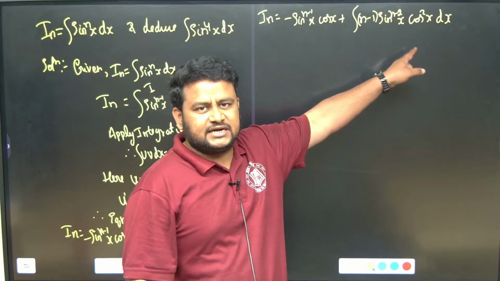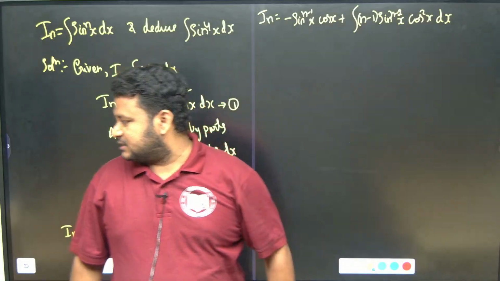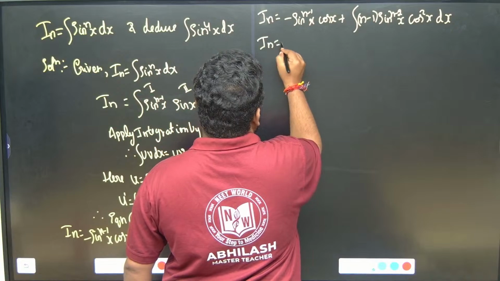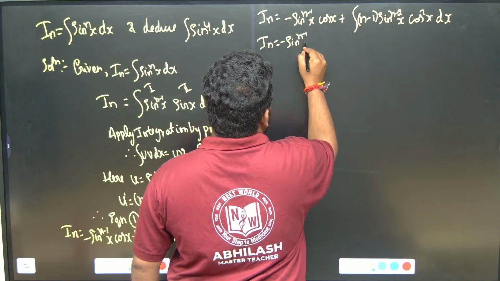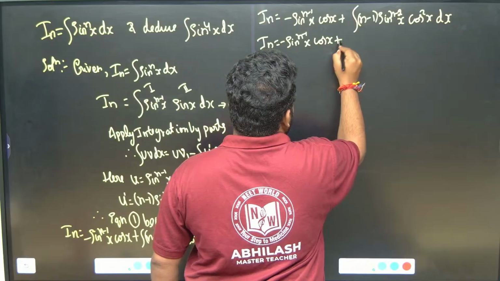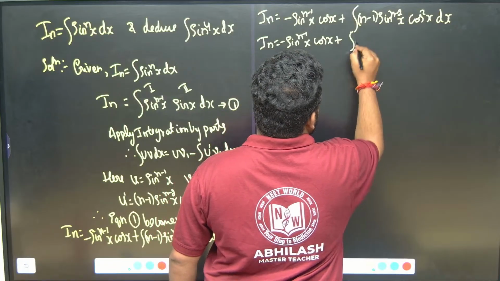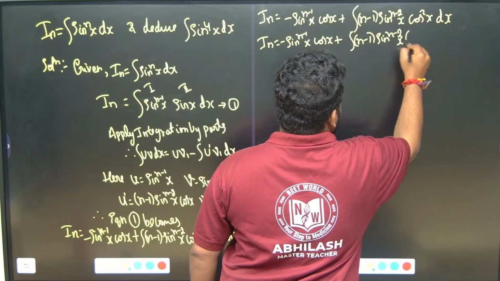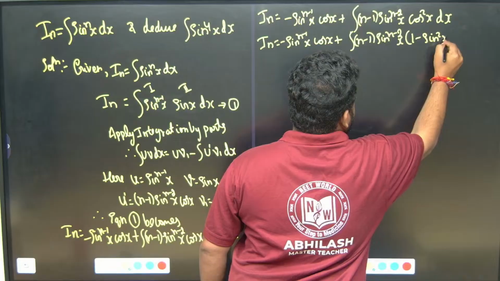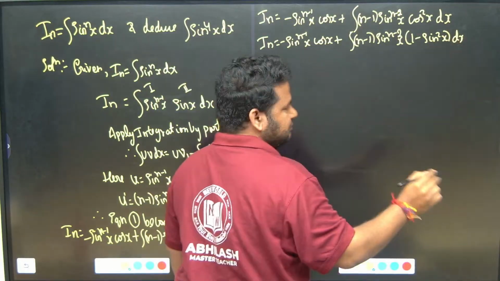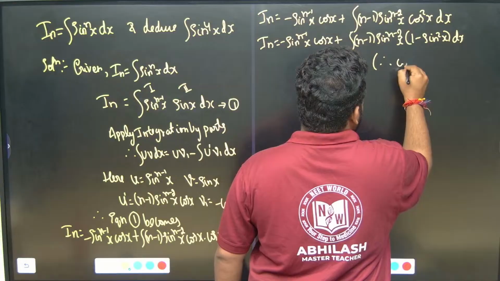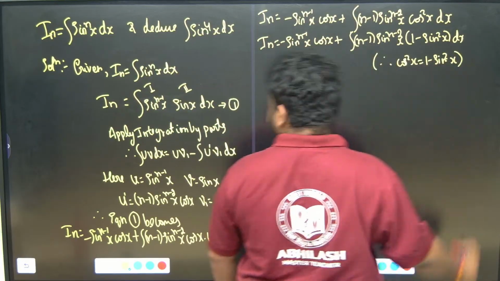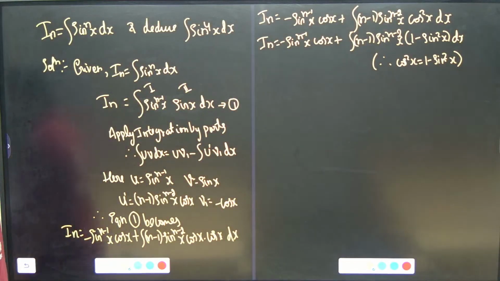This cos square x I can write as 1 minus sin square x. So I n is equal to minus sin^(n-1) x cos x plus (n minus 1) integral of sin^(n-2) x into (1 minus sin square x) dx. Each and every step is very important, you have to write each step clearly. The reason is that cos square x is equal to 1 minus sin square x.